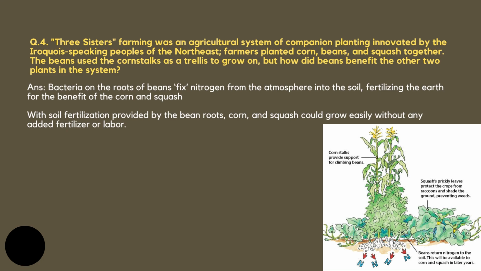The bacteria on the roots of beans fix nitrogen from the atmosphere into the soil, fertilizing the earth for the benefit of the corn and squash. With soil fertilization provided by the bean roots, corn and squash could grow easily without any added fertilizer or labor.